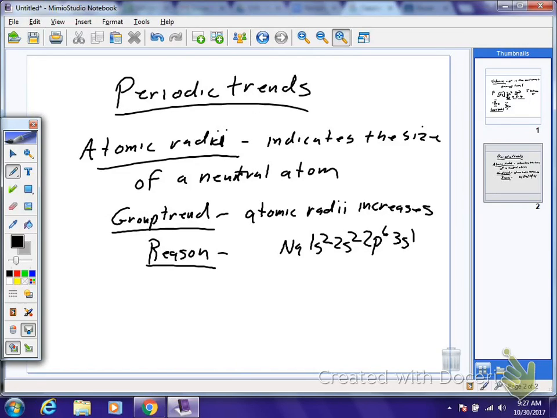Then if I go down one more, I go to potassium. Potassium's 1s2, 2s2, 2p6, 3s2, 3p6, 4s1. Does that tell you something just with those two? What's happening? What can you say for the reasoning?